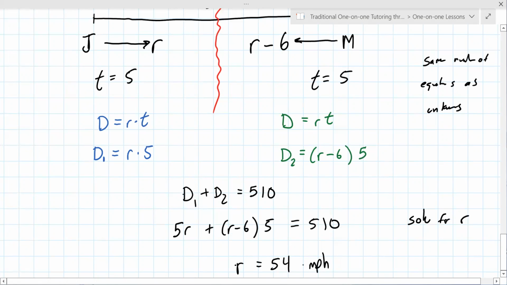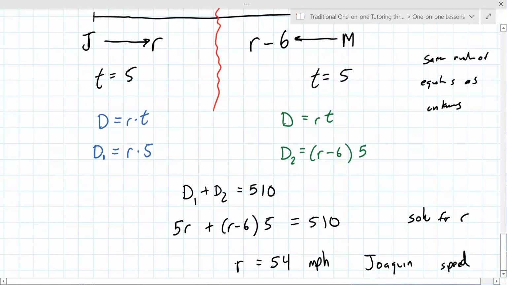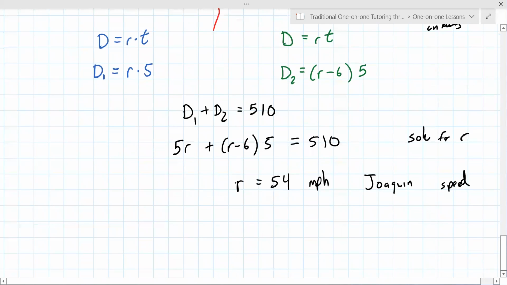I would want to know that 54 miles per hour is your speed. I want more specificity. And then what's the other speed? Matthew's speed is r minus 6, so 54 minus 6, which is 48. 48 miles per hour.